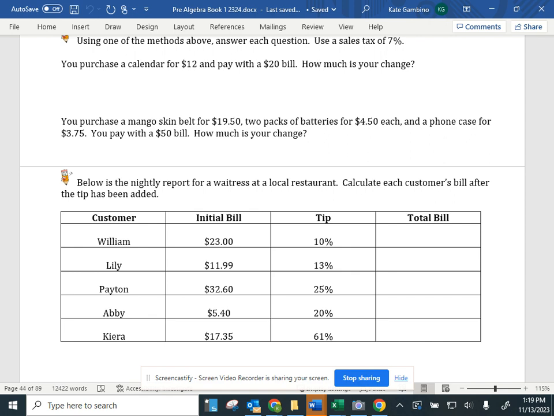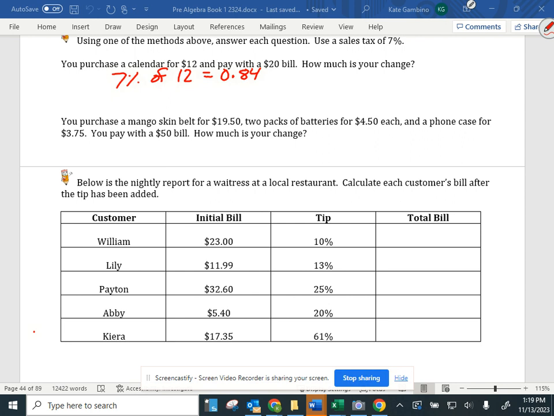No, because it's going to cost more because there's sales tax. Oh, that dreaded sales tax. So what do we have to do, Grace? So we could find that 7% of 12, which is what? Lucas? 0.84. 84 cents.